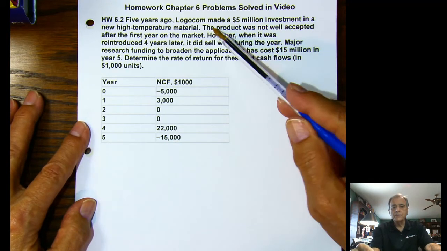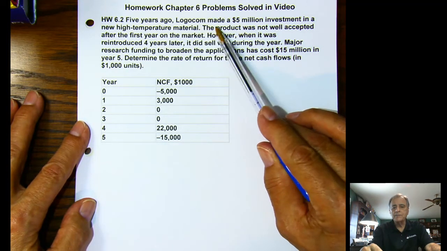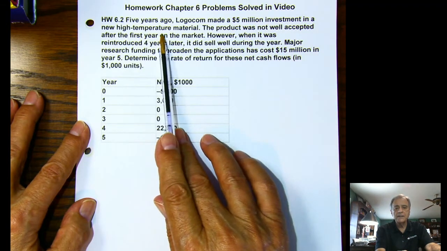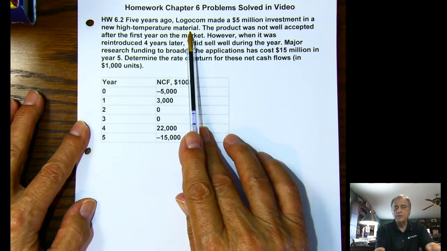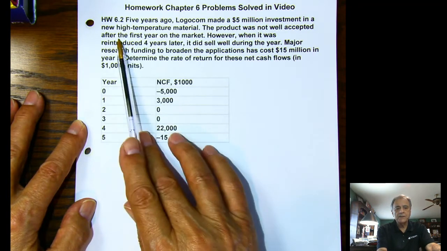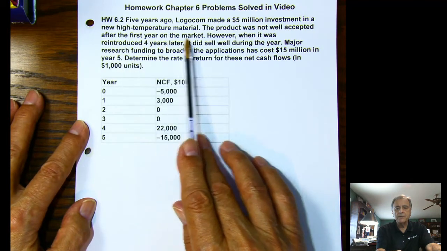5 years ago, Logocom made a $5 million investment in a new high temperature material. The product was not well accepted after the first year on the market.